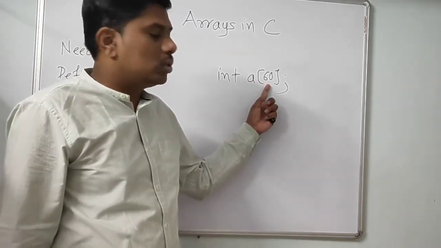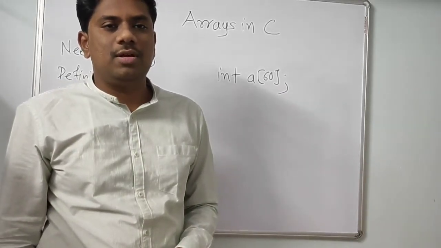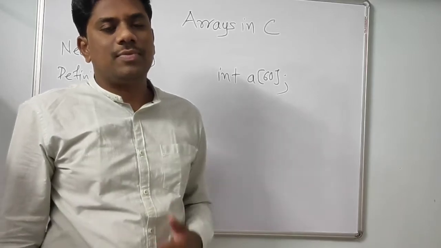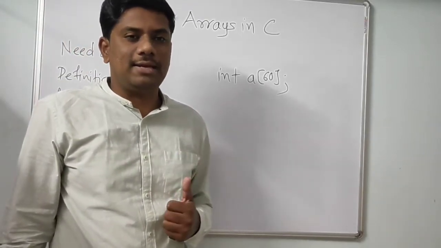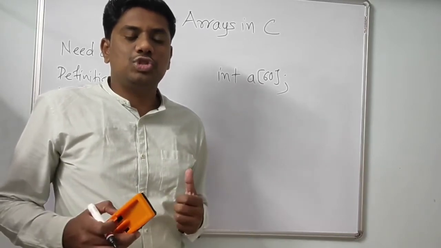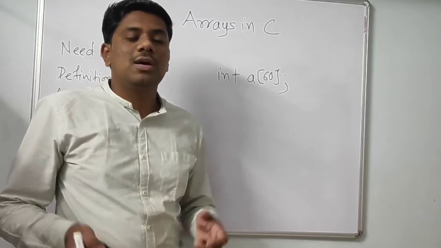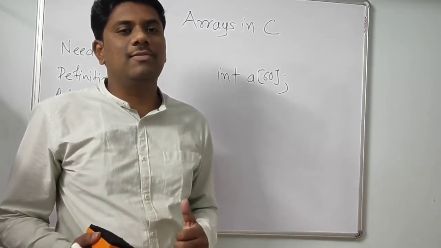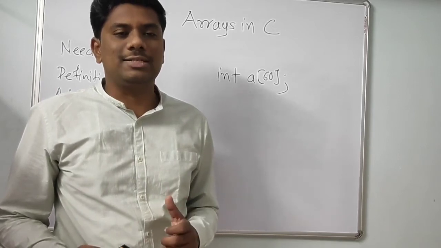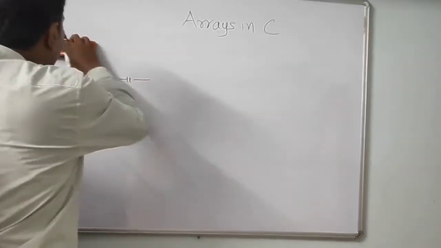So I can store a total of 60 roll numbers in this A variable. So this is the facility provided by the array concept. Array allows us to store multiple values at a time under a single variable. That is nothing but the array concept. So the need of array we have already covered.